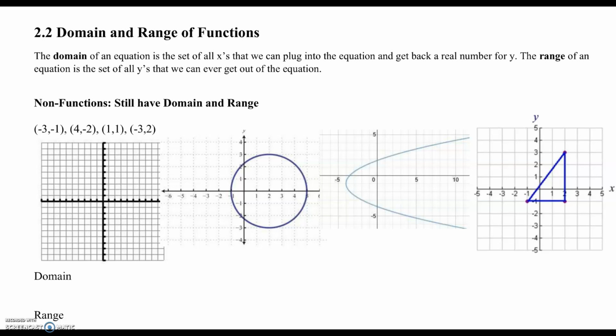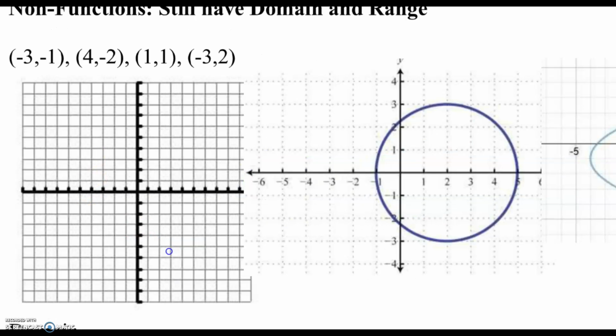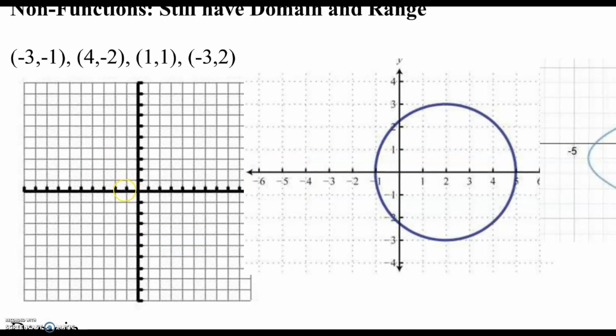Now, when I look at some graphs of functions, I can also tell the domain and range by confirming all the x and y values. So looking at this first function, I need to plot the ordered pairs. Remember, this is the x-axis and this is the y-axis.